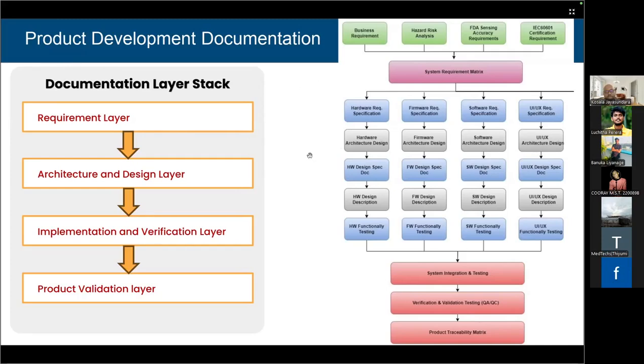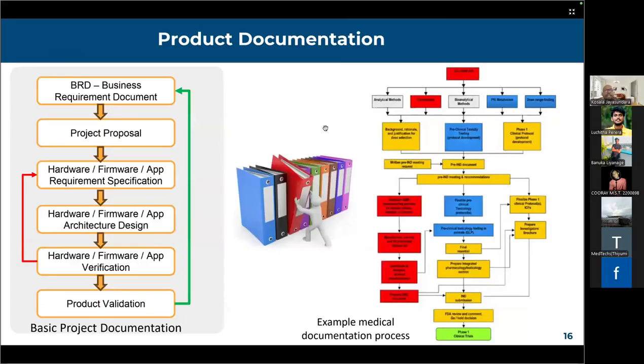That's the development documentation. And then there is product documentation, how the product went from the business requirements to project proposal to requirement to architecture to validation. For an example, if you and one of your friends met somewhere and got an idea while you were talking to a doctor, the light bulb moment came in and you have documented that.